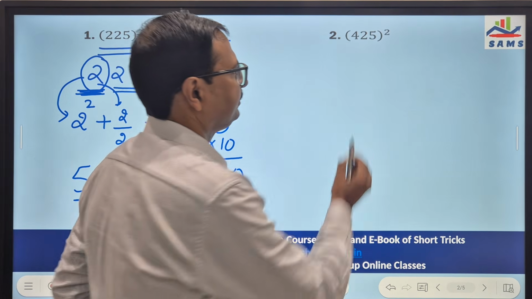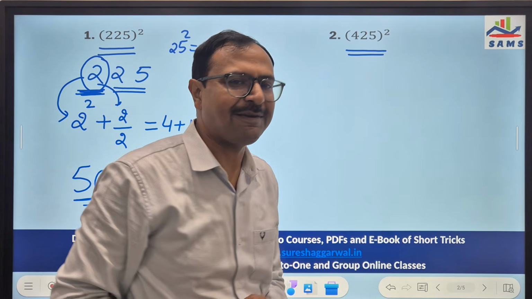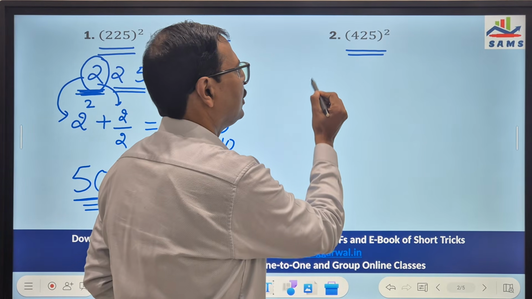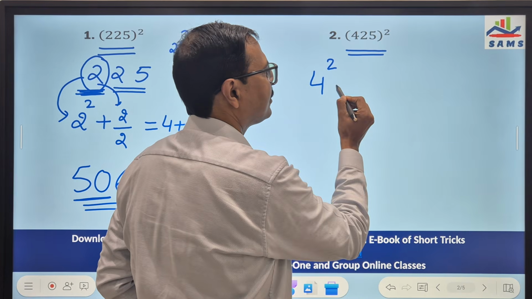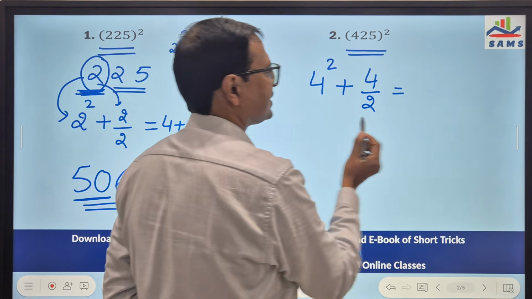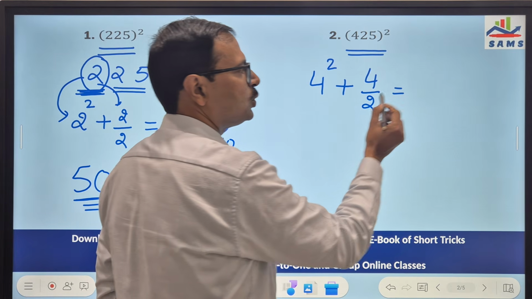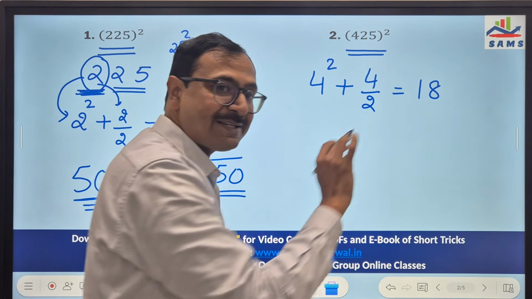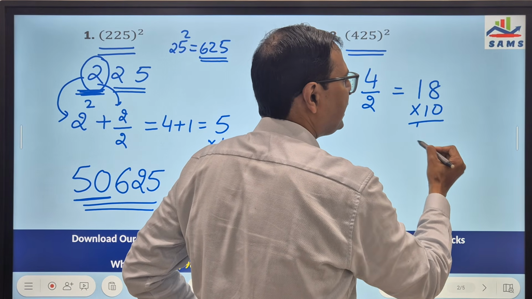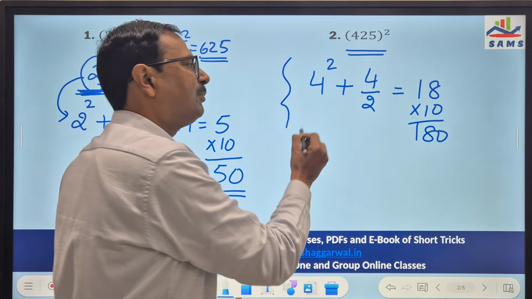Let's apply it here. So for 425, apart from the 25 you have the 4, right? So you will be requiring 4 square. You will be adding half of 4 to that. How much is this? This is 16 plus 2, 18, and multiply this by 10. So 18 multiplied by 10 will give you 180. See, all these things you can do mentally also.